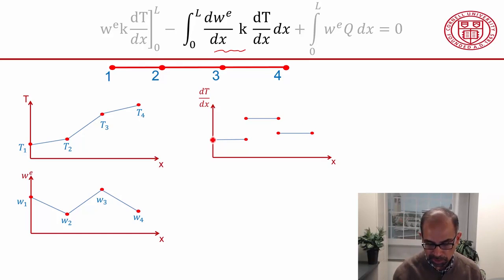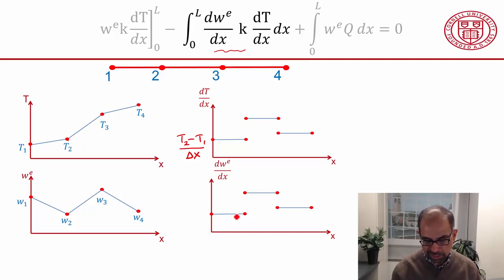For instance, if I want to know what is this value, the derivative over here, it's just going to be this value minus this value divided by the length of the element. So that value is going to be T2 minus T1 divided by delta x, correspondingly for this element and so on.